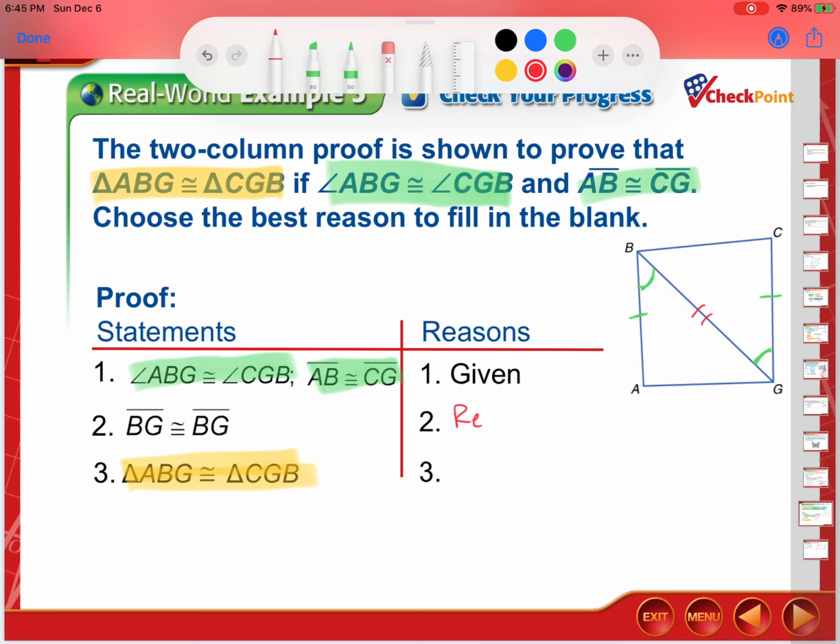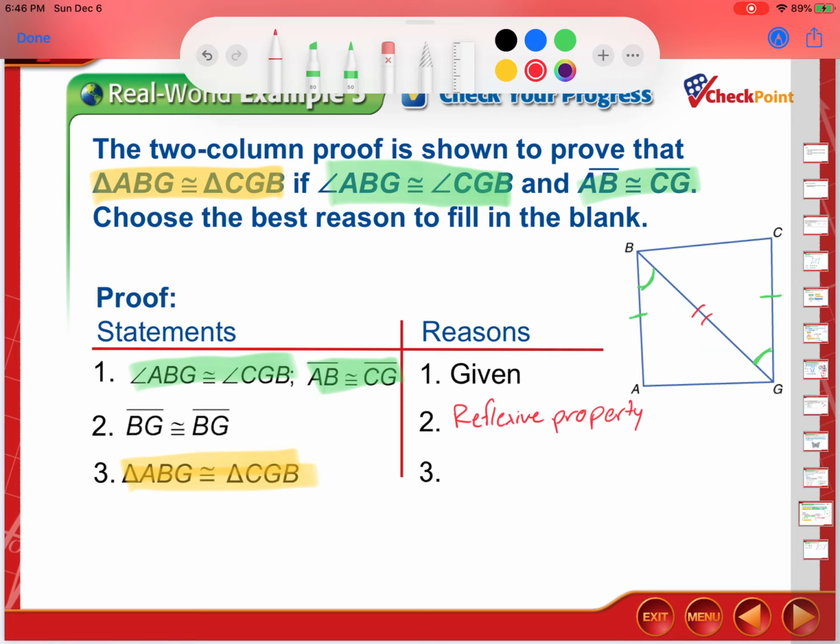Those lines are congruent, and as I've said before, anytime we have that shared line and we're saying that something is congruent to itself, we use the reflexive property. So a good way to remember that reflexive property, reflect. If you're looking in the mirror, you're seeing yourself, so it's the same thing on both sides. So it's the reflexive property.